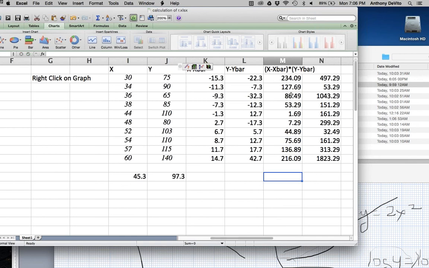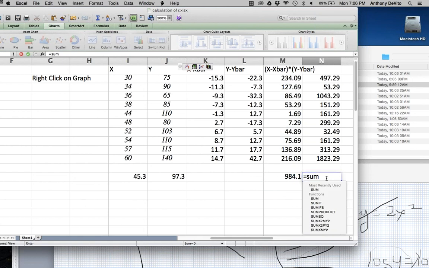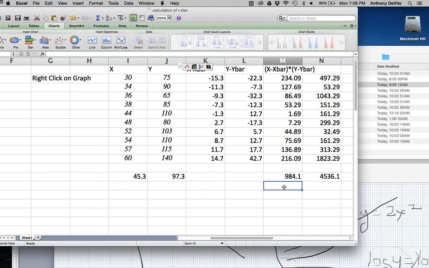Equals sum, parentheses. Okay, I'm going to do the same thing here. And I'm going to take these values and divide them by n minus 1. This is equal to this value, sum of squares, divided by 9.